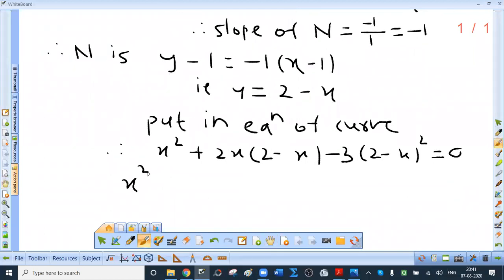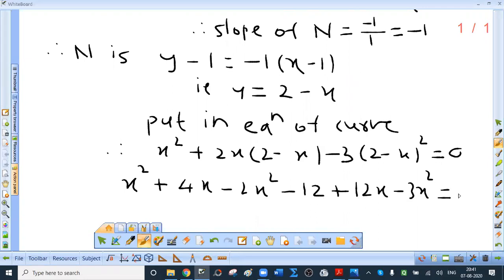So x square plus basically 4x minus 2x square minus, so this is 12 plus 12x I suppose minus 3x square equal to 0. Is it? That is minus 5x square.